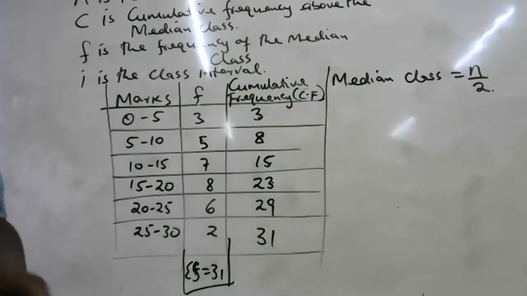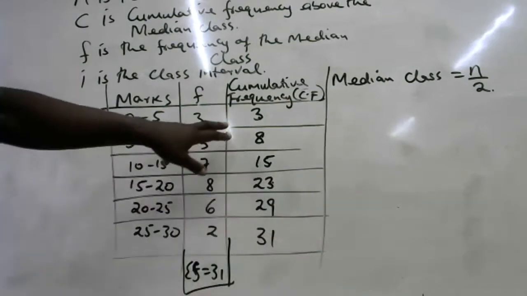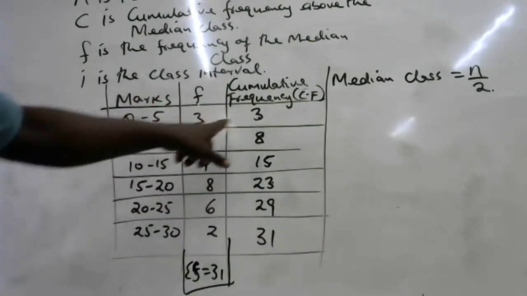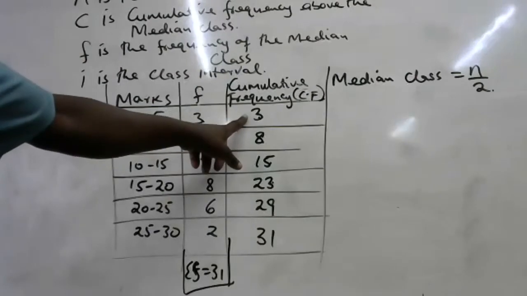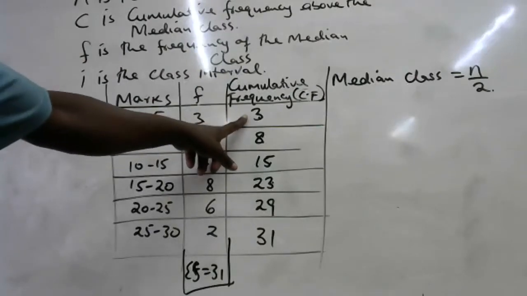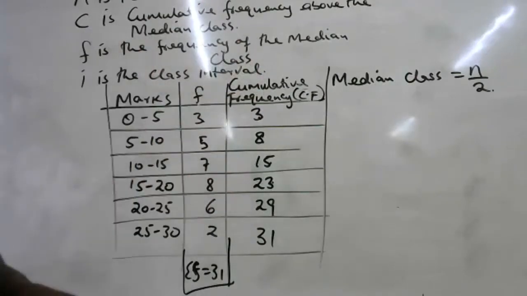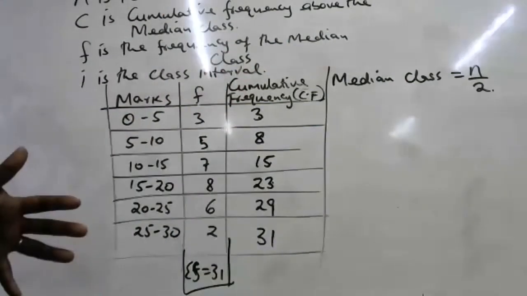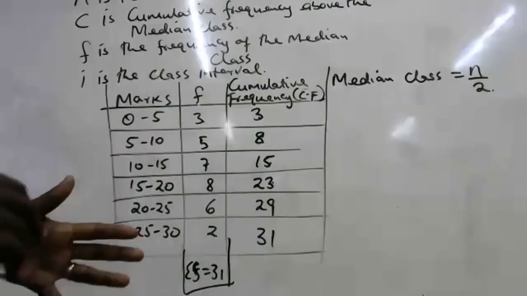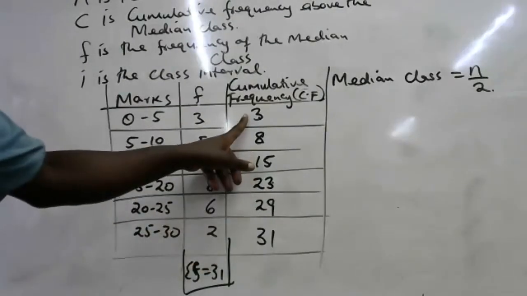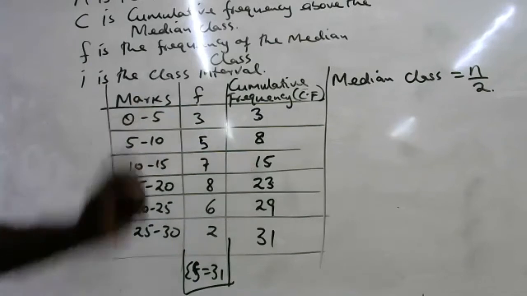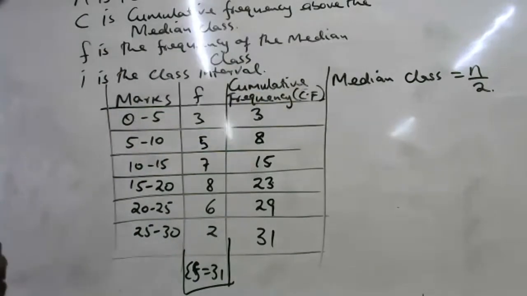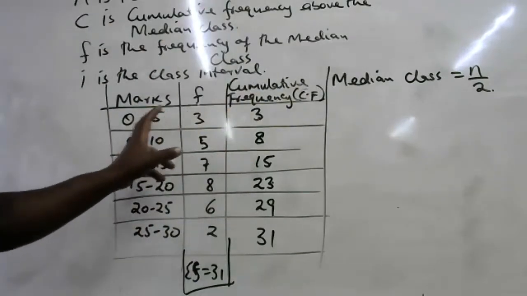Let me help you understand this. When we say that the cumulative frequency for the first class is 3, we simply mean that if we arrange the marks from the smallest to the highest, the first 3 students have 0 to 5.